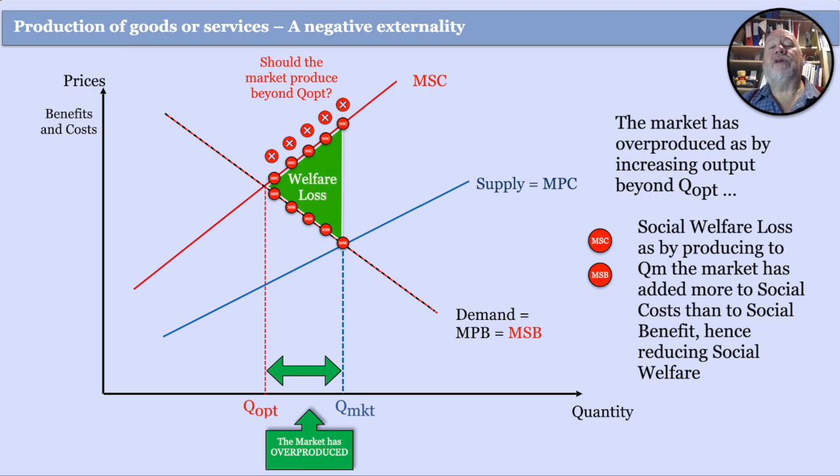It's a social welfare loss triangle, because if we'd stopped here, we would have had a lot more social welfare. Now we're reducing by this amount here each time the amount of social welfare in the economy. So that's the diagram that you need to explain and analyze in any sort of essay work.